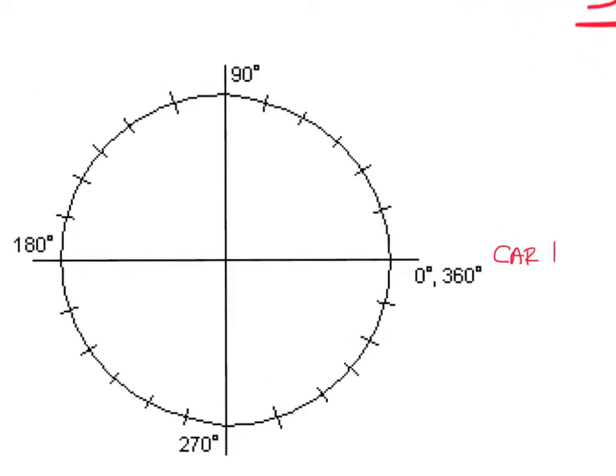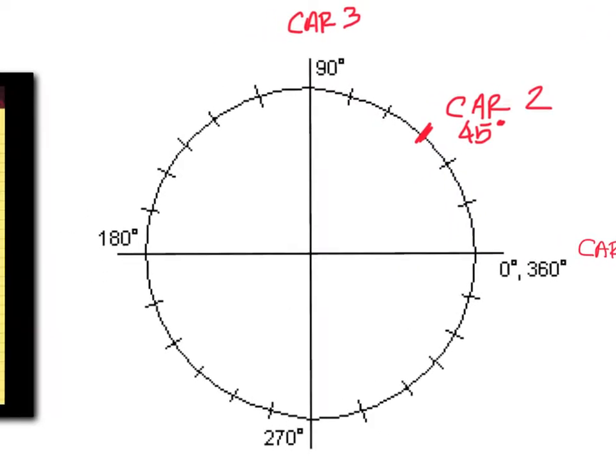And on this graph that we used here, that is 45 degrees. This is car 2. And remember, that is 45 degrees. And then we go to 90 for car 3. And another 45 degrees out here to car 4. And that is 135 degrees.